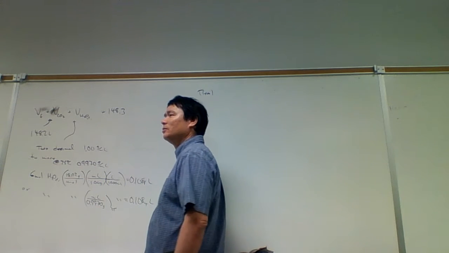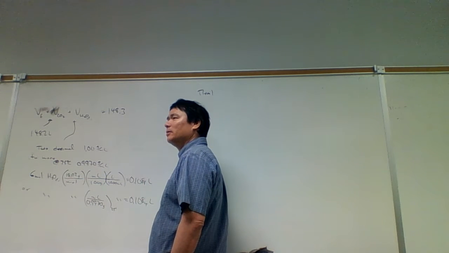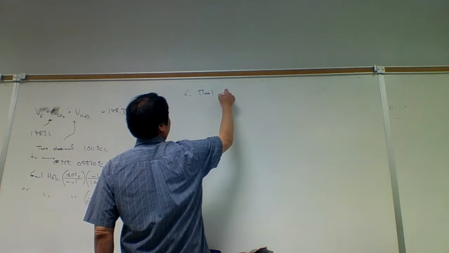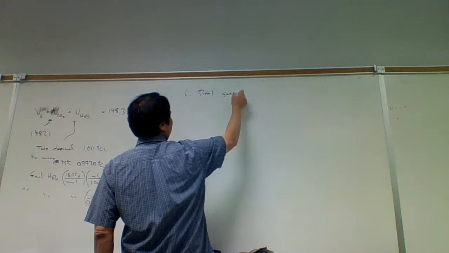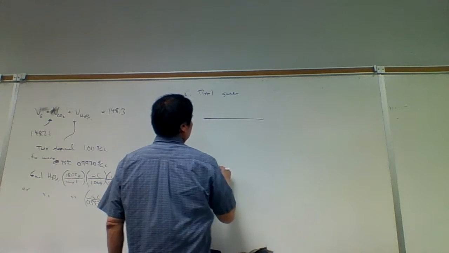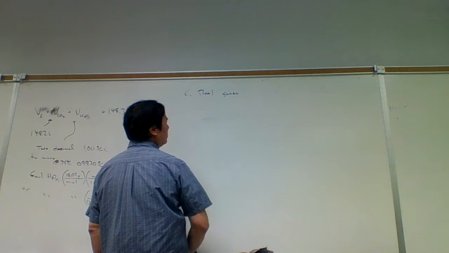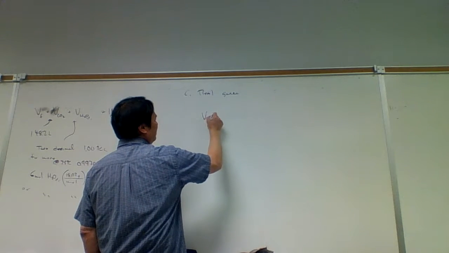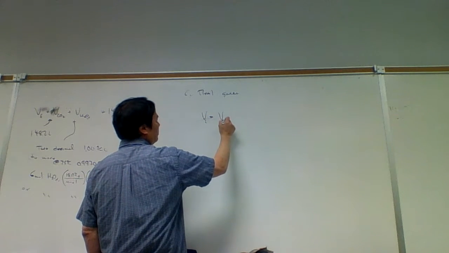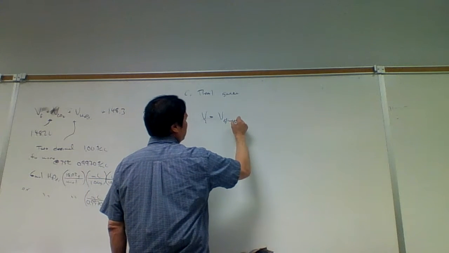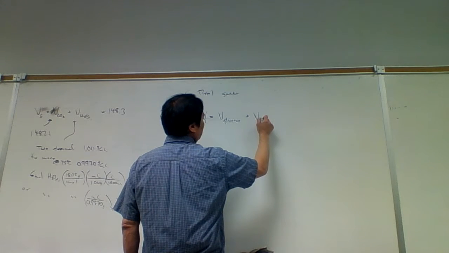All right, now we're going to try real gas instead. And so here we'll just repeat the calculation. The volume initial is just the volume of the glucose plus the volume of the O2.